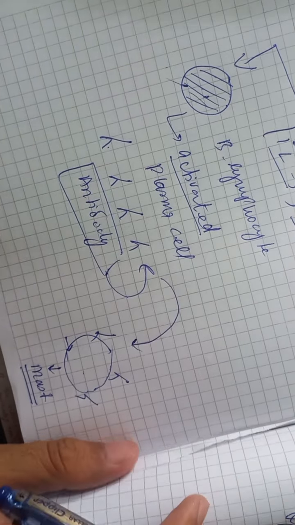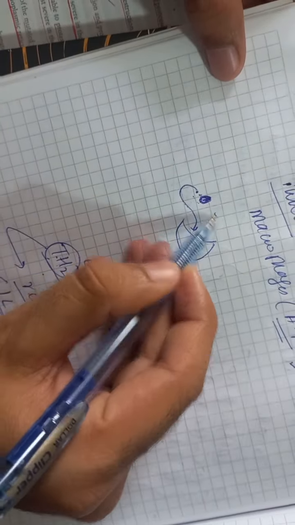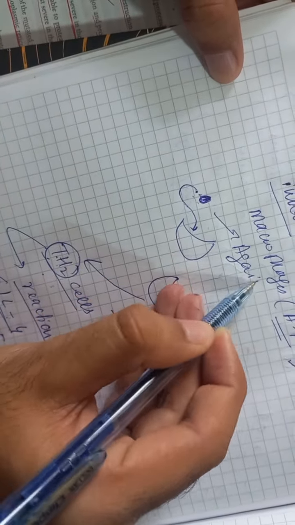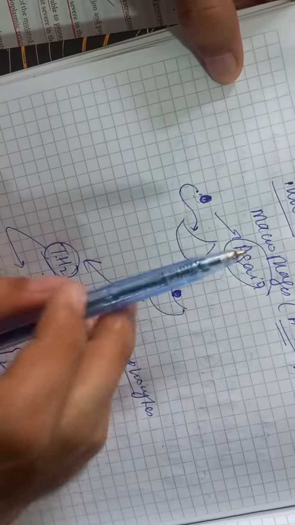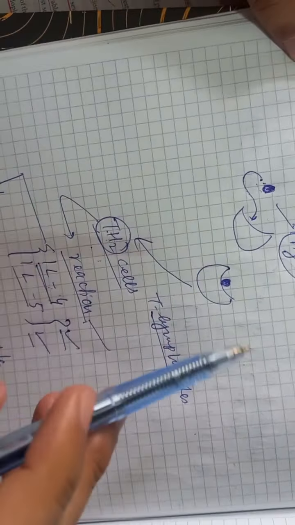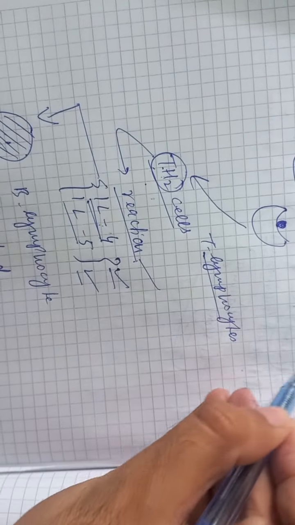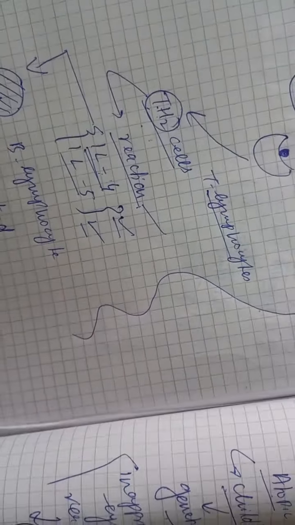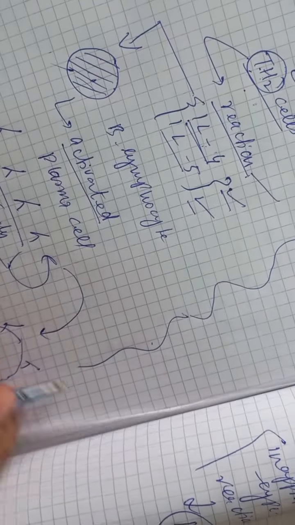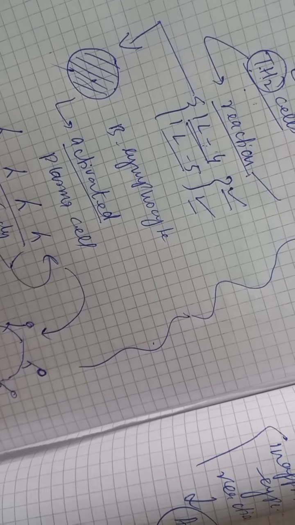But now if the same person is exposed to this allergen again, then after exposure, this antigen will come directly and bind onto these antibodies, which were produced by the initial reaction, okay?